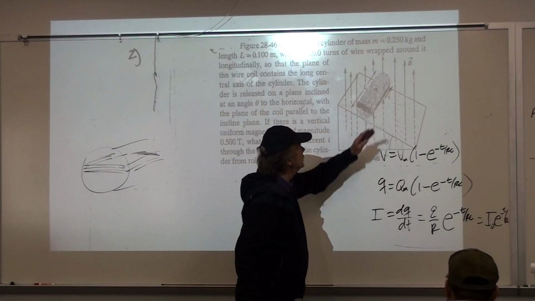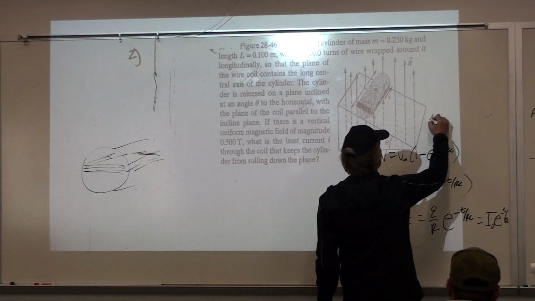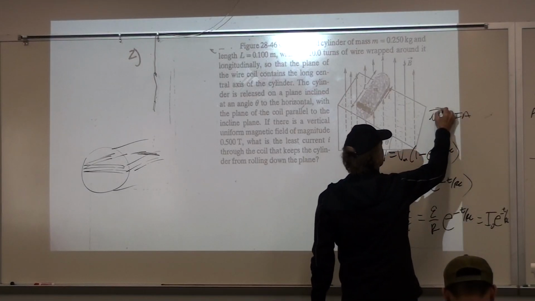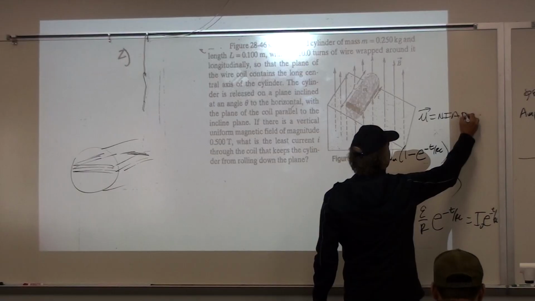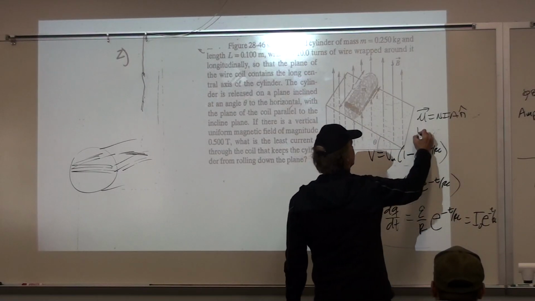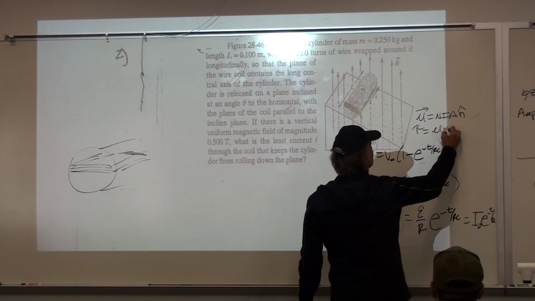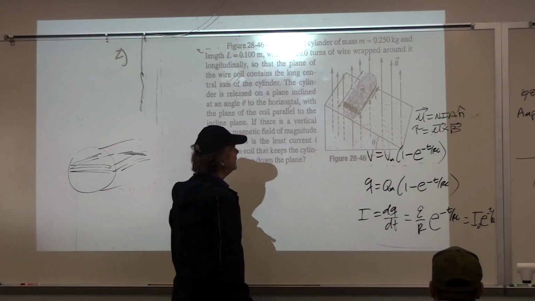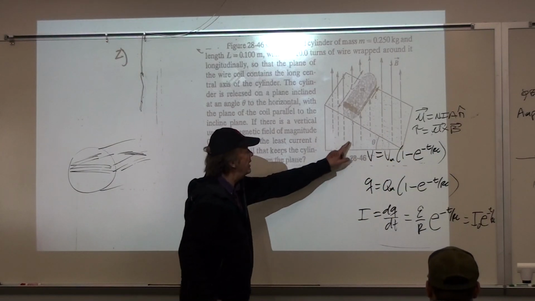So these current loops, remember, have a magnetic moment. It's equal to NIA times some unit normal, and torque is mu cross B. So then you have to equate that with the torque due to gravity.